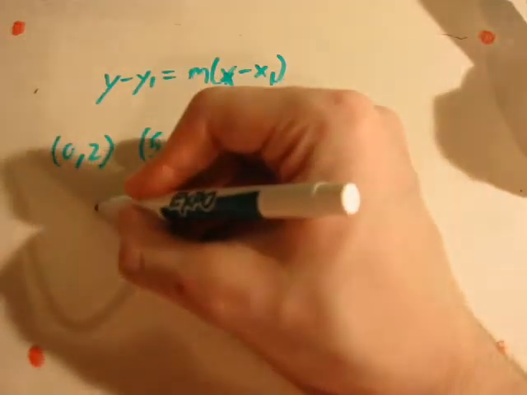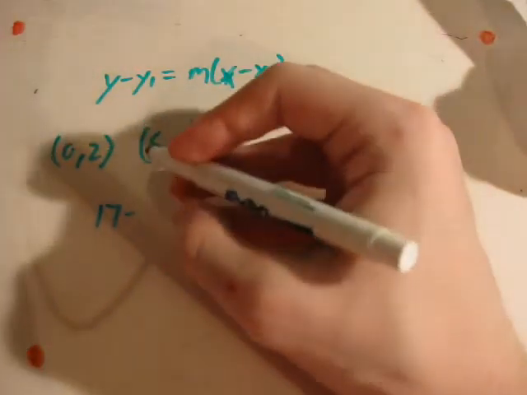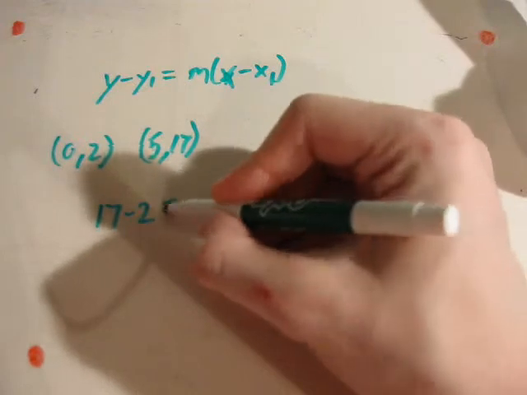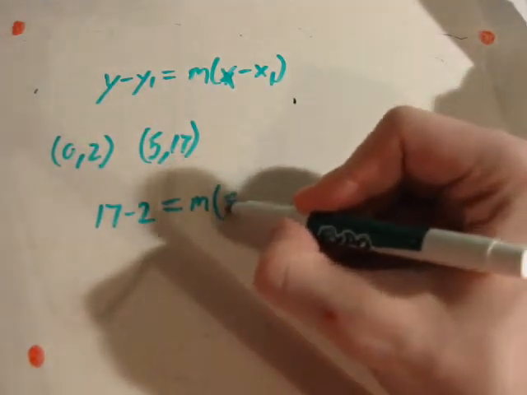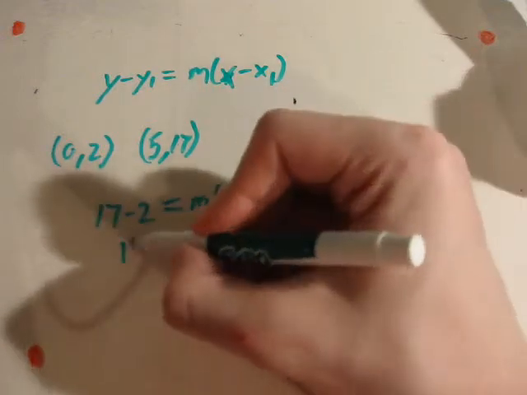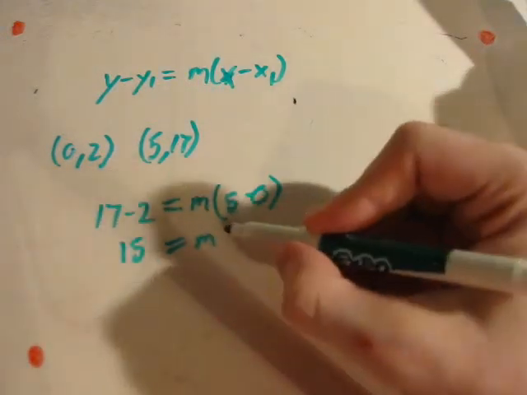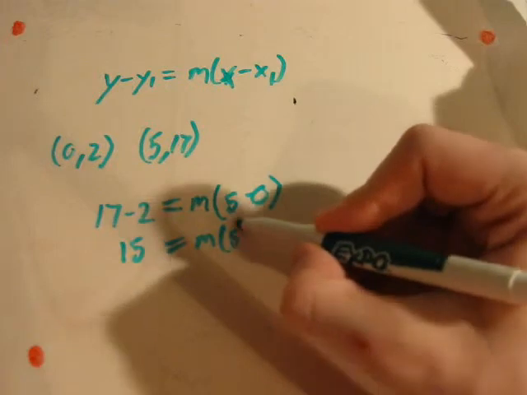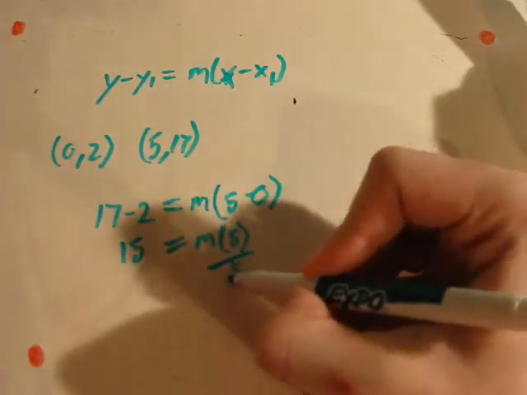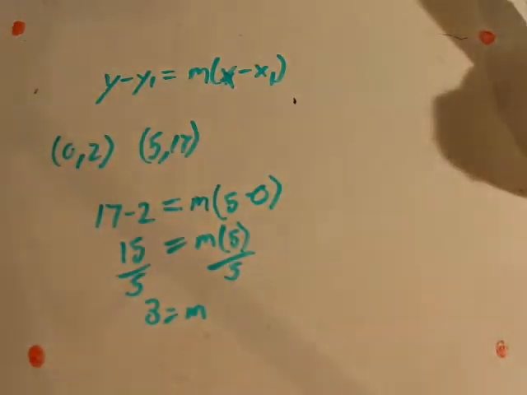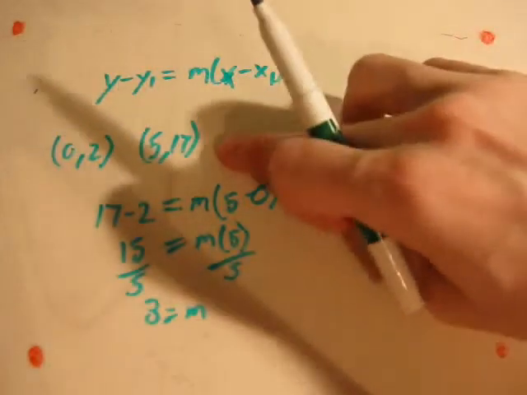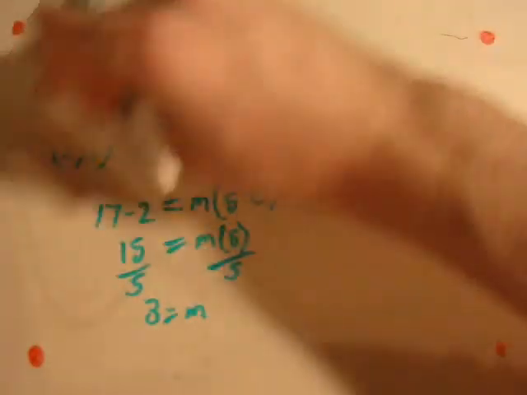So we've got 17 minus 2 is equal to m times 5 minus 0. 15 is equal to m times 5, divided by 5, 3 is equal to m. 3 is your slope. And that is how you use points to find the slope of a line.